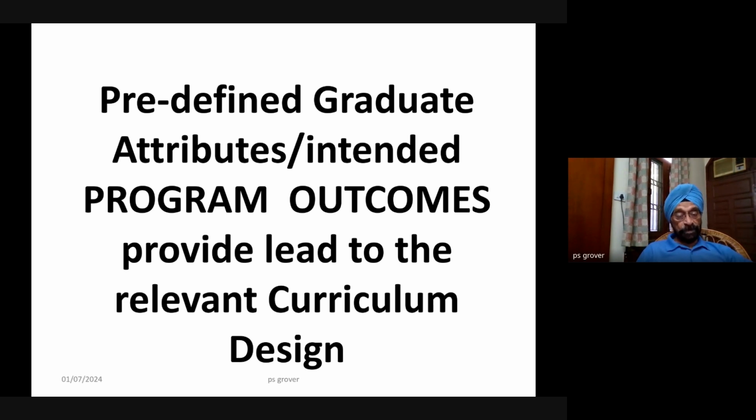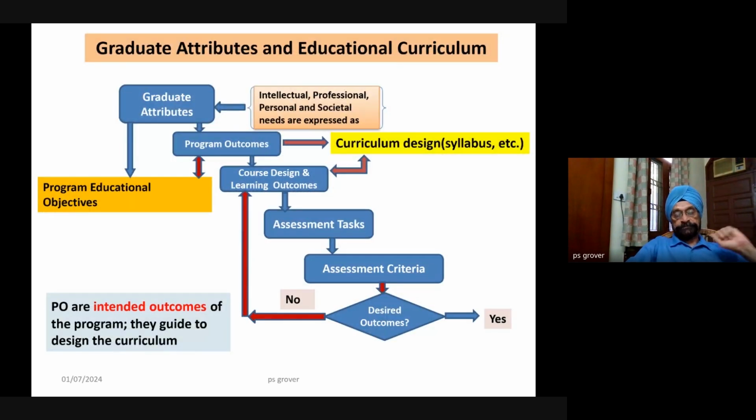So, curriculum is not prepared ad hoc. It is prepared with a goal, and that goal is defined by the program outcomes. So we have graduate attributes and educational curriculum. Graduate attributes help us define what the objectives of the program are, what the program outcomes are.